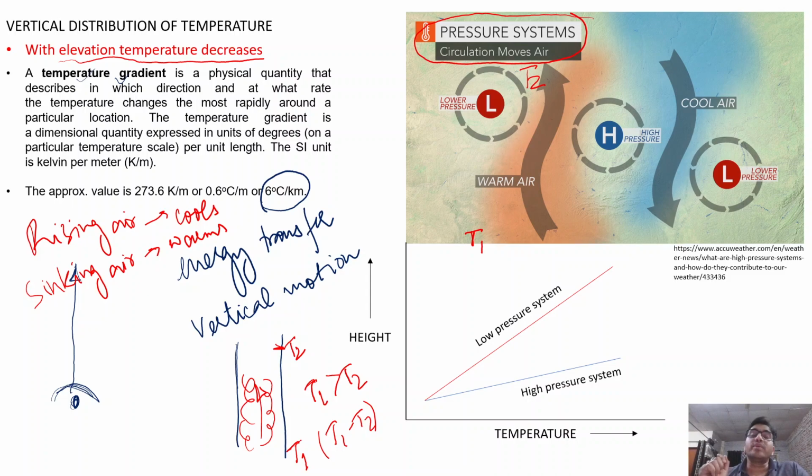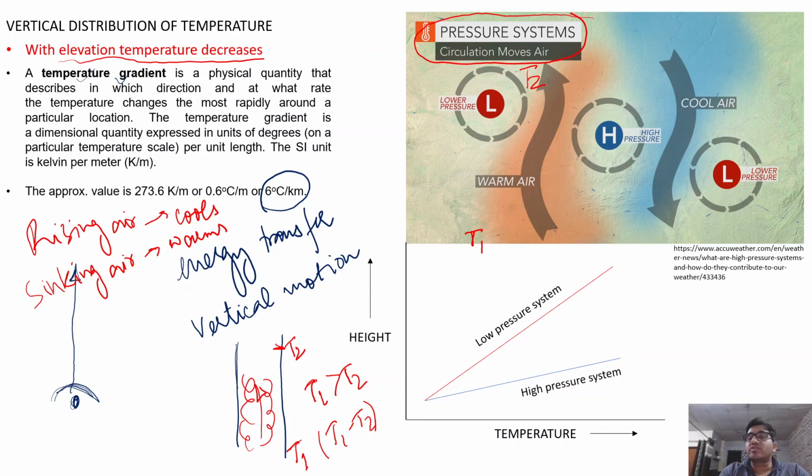On the other hand, once it is a high pressure system, the air starts to sink. Once this air starts to sink, it gets contracted. It doesn't expand now, it gets compacted. Due to this compaction, the temperature of air starts to rise. As a result, the gradient becomes less steep.